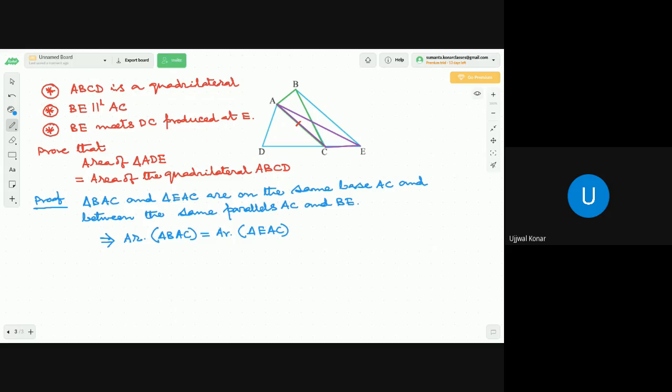Now I am going to add triangle ADC to both sides.